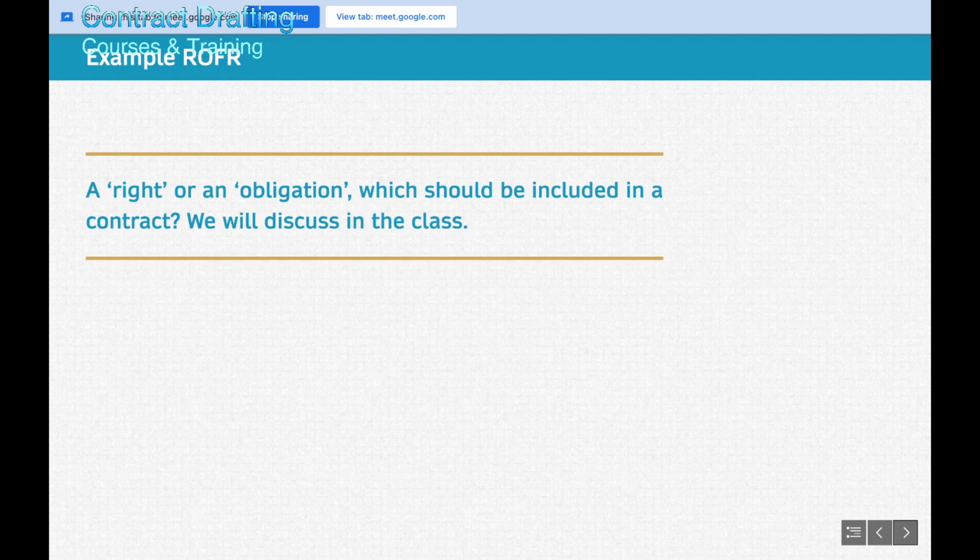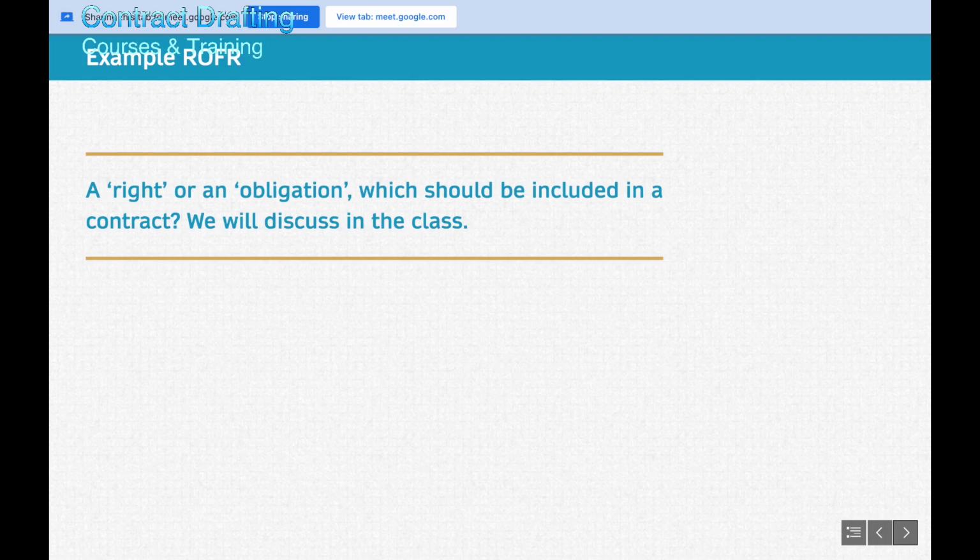Now, I want you to think about a situation, for example, a license agreement, a license for a trademark. In that case, you want to place a restriction on the licensee that they have to use the license with respect to certain goods and in a certain territory. So, what will that statement be? Will it be in the form of a right or in the form of an obligation?